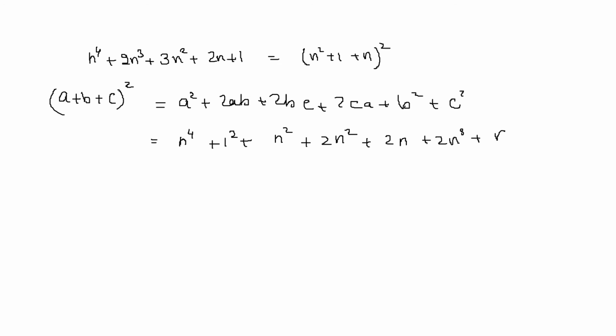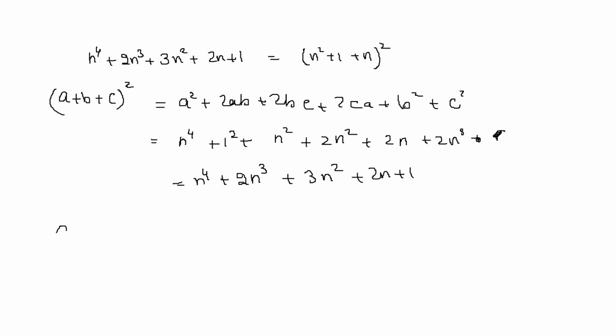We have got this already. So from here you can see that this is n raised to power 4 plus 2n raised to power 3 plus 3n square plus 2n plus 1.